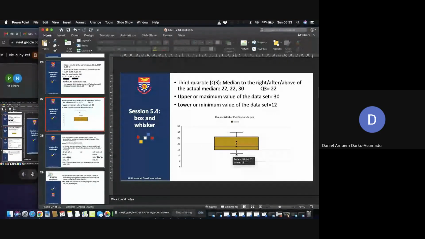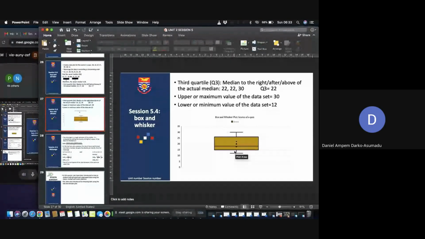Have you seen this line? If you can see my cursor, it's just above 10. It's 12. Then the maximum value is 30. You see 30 when you put it here. So that is the tail.